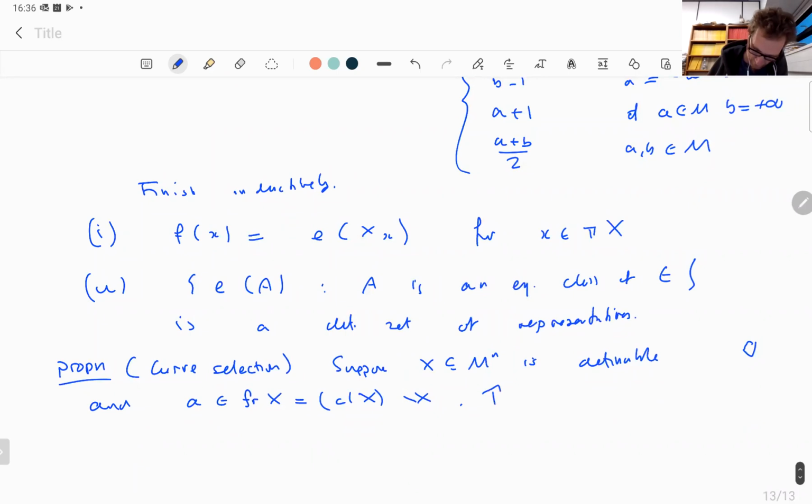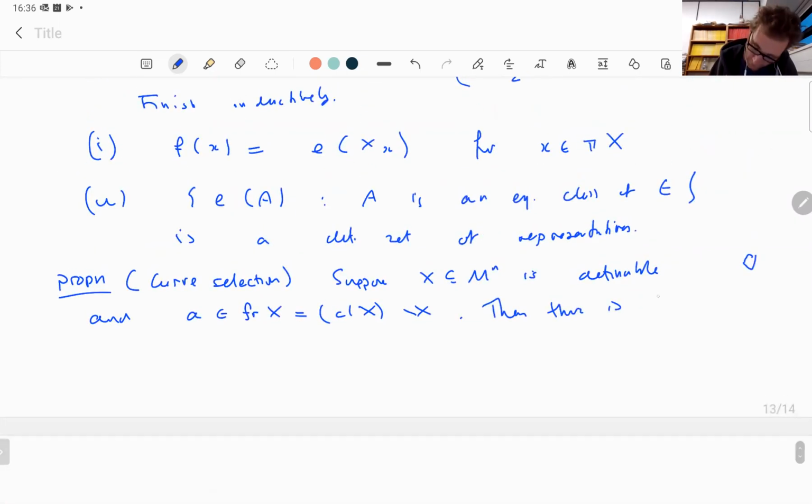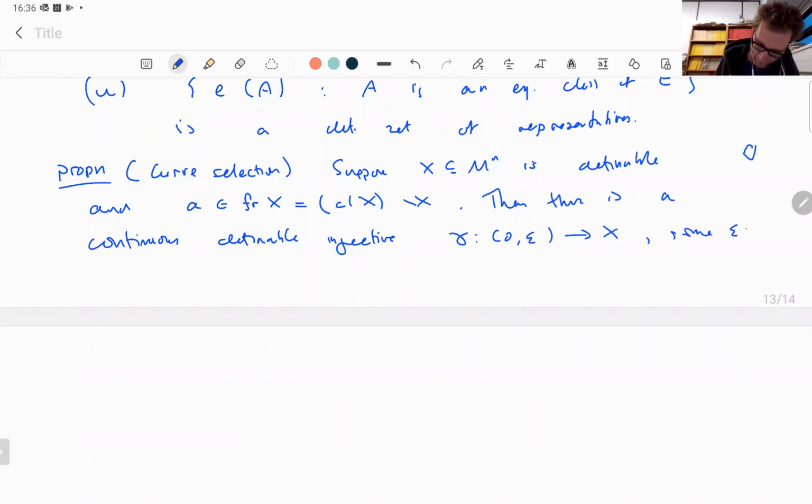So then there is a continuous definable injective gamma from 0 to epsilon to X, for some epsilon, such that the limit of gamma of t as I go to 0 is my point a.